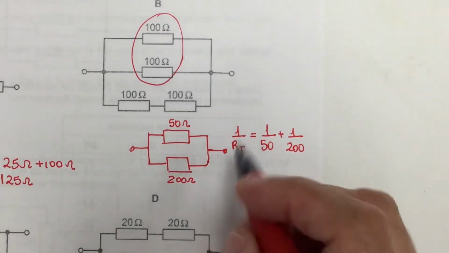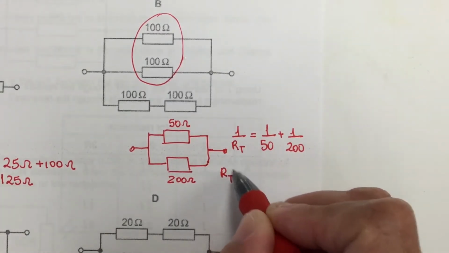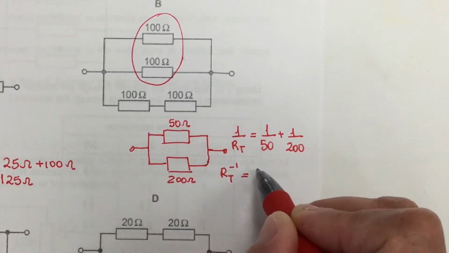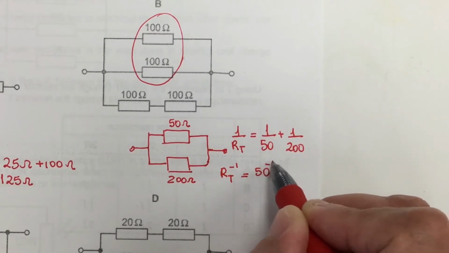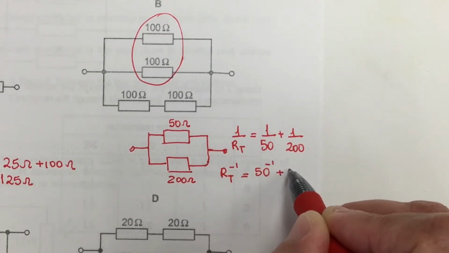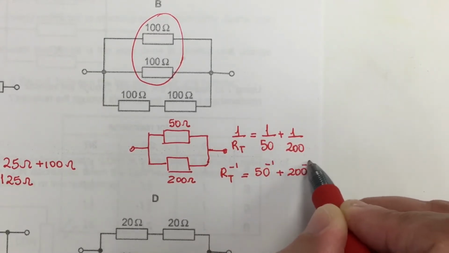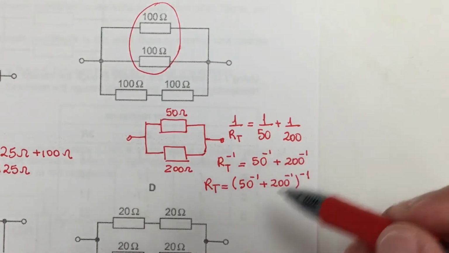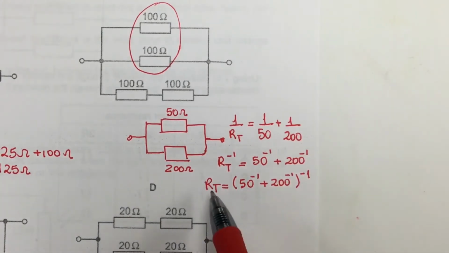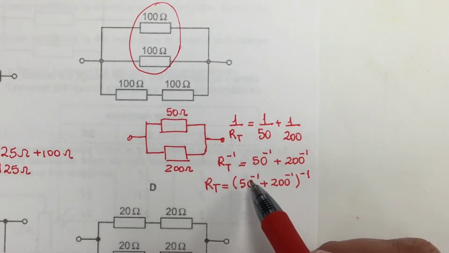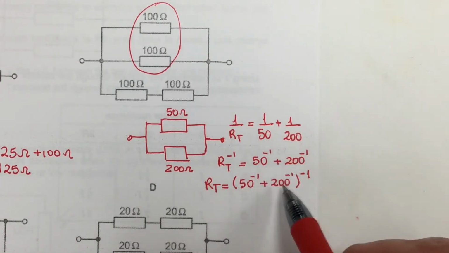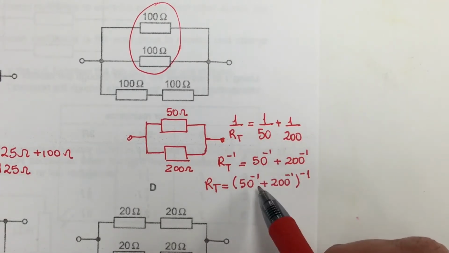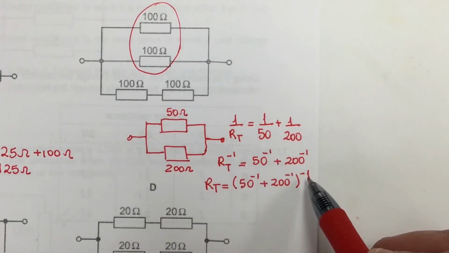Or you can use this: RT inverse is equal to 50 inverse plus 200 inverse. This third step is a simplified way to do it. So the total resistance is equal to the inverse of this plus the inverse of this, and the result you invert.